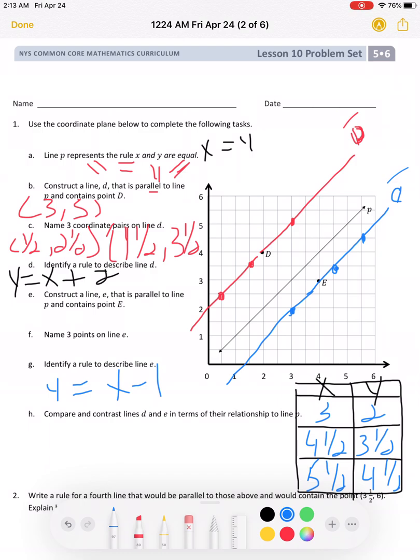What's alike between these three lines? All right, I hope that you said that they're parallel to each other. Remember, they're all going the same direction there. They are all parallel. Anything else?